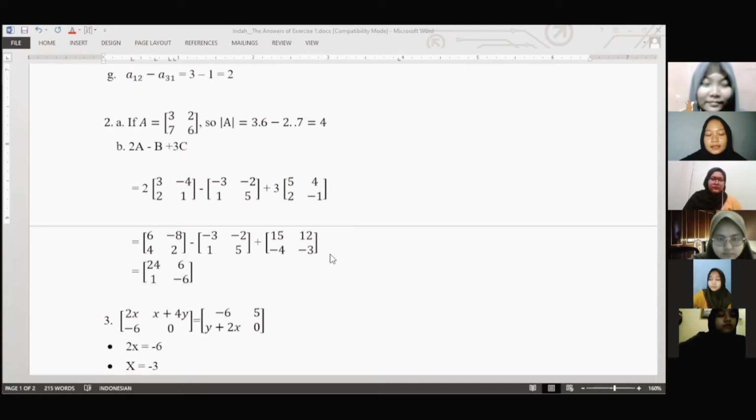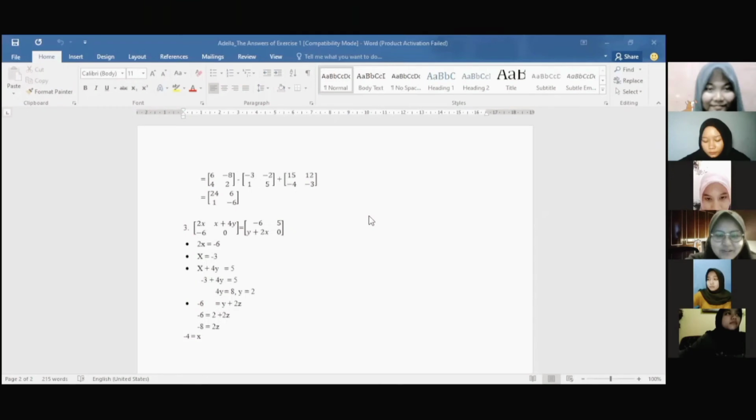And the next, the last exercise. Okay, thank you, Miss. This is group 3. We are Adela, Irma, and Faradina Nurulita. And now we will answer question number 3. The question is: the matrix 2x, x plus 4y, -6, 0 equals the matrix -6, 5, y plus 2x, 0.